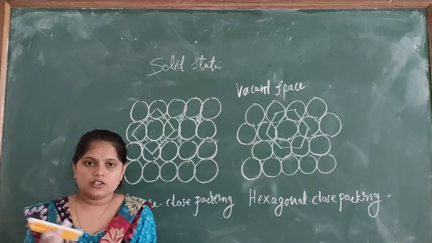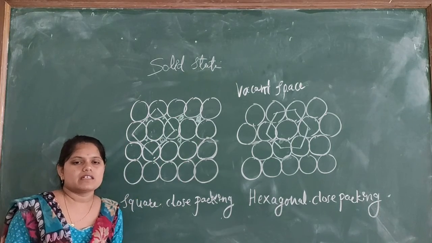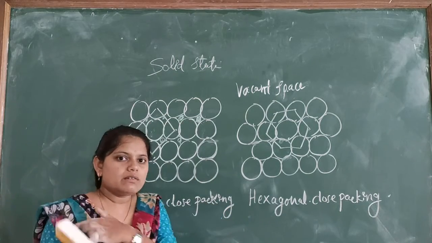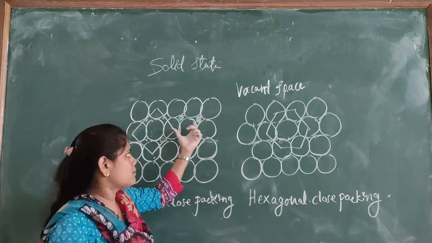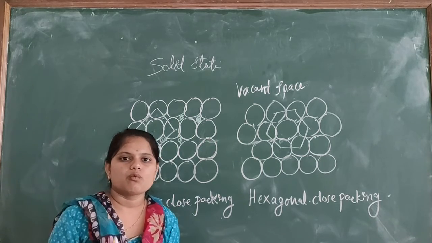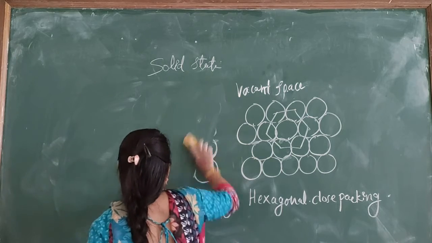Okay, so in your mind the question arises, what is meant by that empty space or vacant space? Whatever vacant space is present in between the spherical atoms, we call it voids. So let's move on to the next concept, that is voids.